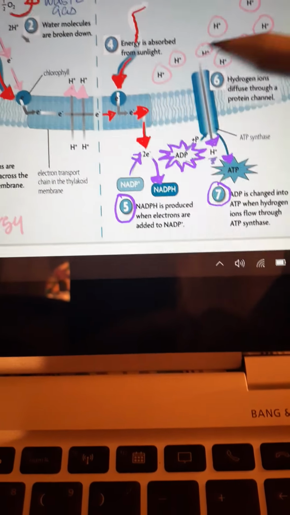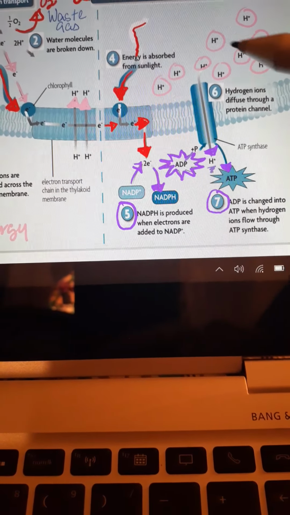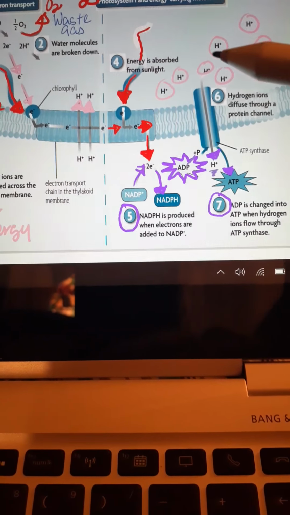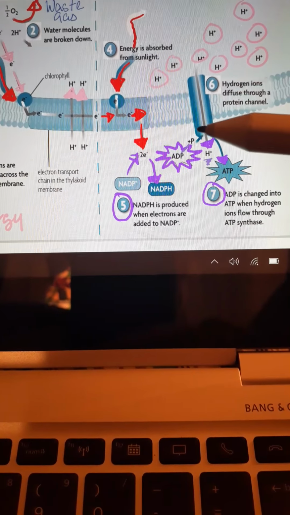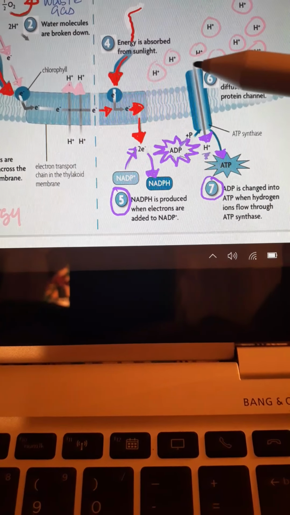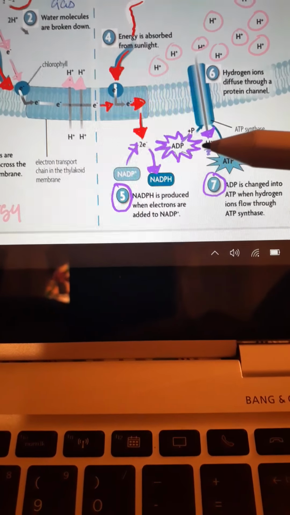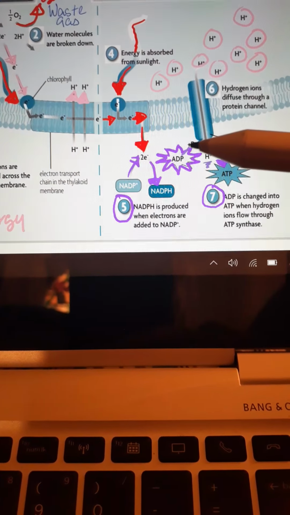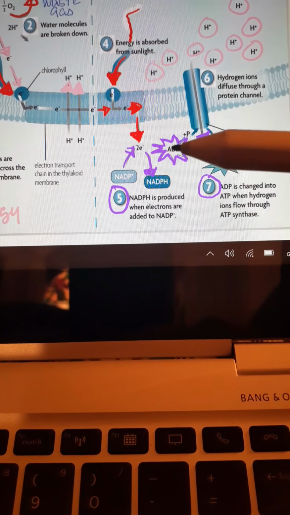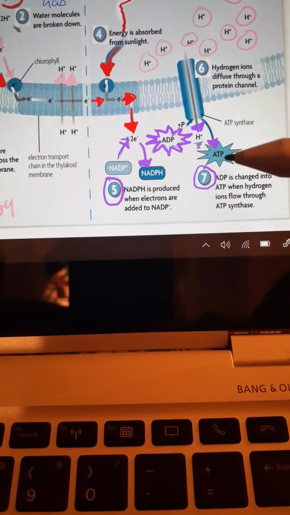The hydrogen ions created when the water was split are now in high concentration inside the thylakoid, and they're going to come out this channel. They're going to rush through this gate like water behind a dam, and the dam opens. When they rush out, the energy is going to be used to attach a phosphate to ADP, making ATP, a high energy molecule.